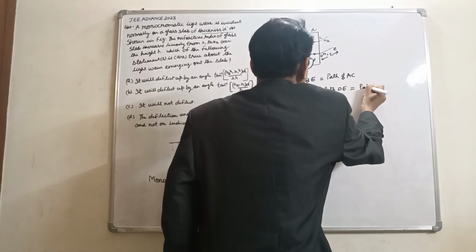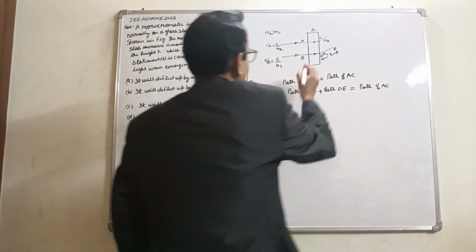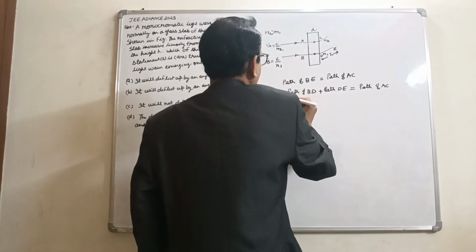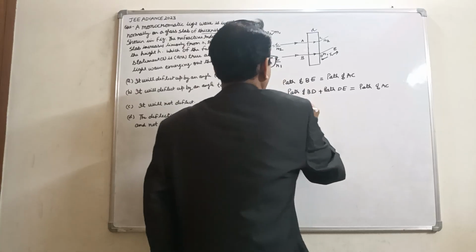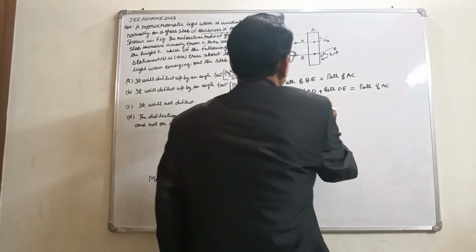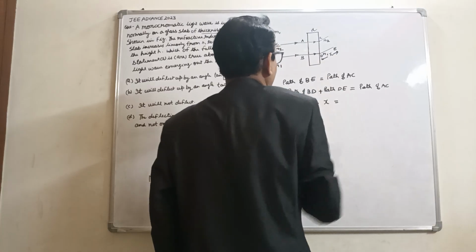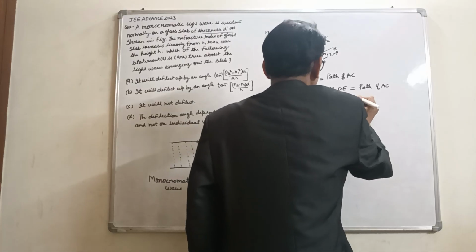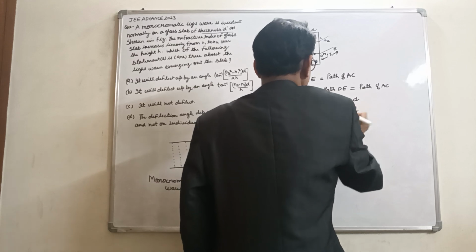The path of BD would be, with refractive index N1 here, N1 into d. And for path DE, suppose this is X, we have to calculate the extra path difference, and this would be N2 into d. So X would be (N2 minus N1) into d.